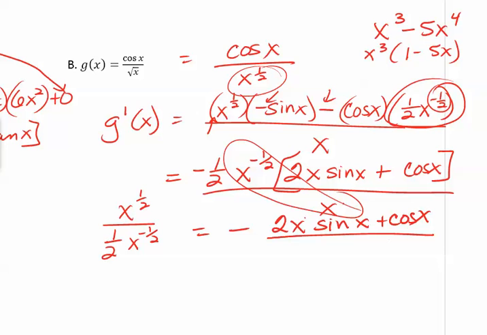So if I move this x to the negative 1/2 down to the denominator, then we're multiplying, so we would add the exponents. So we would have x to the 3/2 power, and if you wish, you could write that as the square root of x cubed, or you could leave it as 3/2.